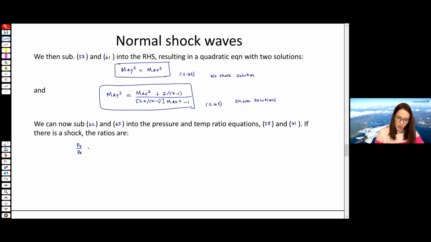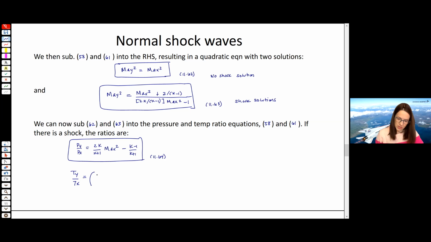We still have the quadratic equation that we're dealing with: 2k over k plus 1 times Max squared minus k minus 1 over k plus 1. And this is 1164. And then the ratio of temperatures is similar but more complex.